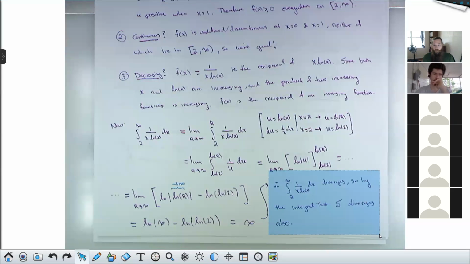And again, try to mimic them in your solutions. You don't have to use precisely this language. I would encourage you to use your own flavor of this language. But make sure you're using the words right, make sure you're speaking in proper grammar, and make sure that your answer is actually answering the question. Remember what we asked is, does the series converge or diverge, right? What's the convergence result for the series? So at some point, you have to tell me whether the series converges. Don't just tell me the integral diverges.